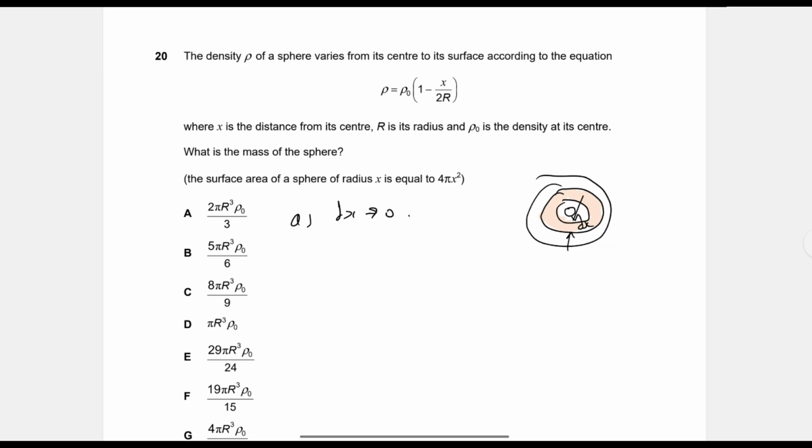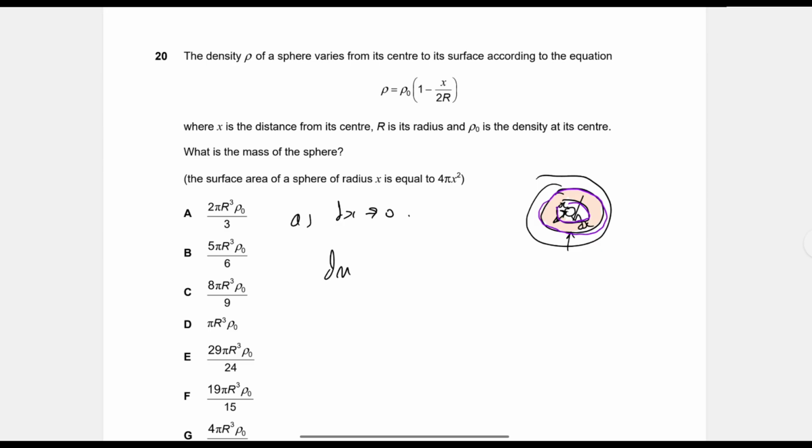And so let's figure out what the mass of one of these shells is going to be. A generic one, a distance x from the center. As dx gets closer and closer to 0, the inside surface area and the outside surface area won't vary too much, because their radii only differ by the distance dx, which shrinks to 0.